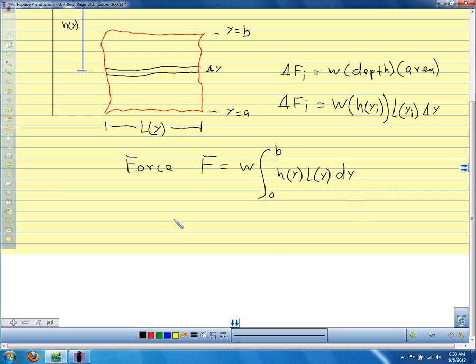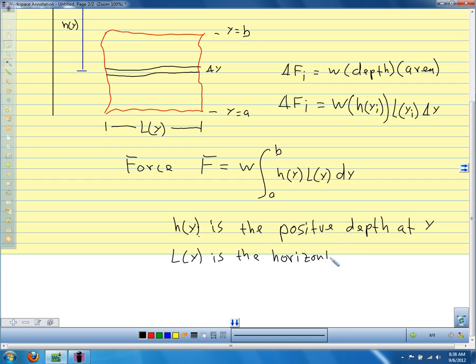And just so we're clear, h of y is the positive depth at the point y that we're interested in, and L of y is the horizontal length of the rectangle, or length of our surface at our particular point.